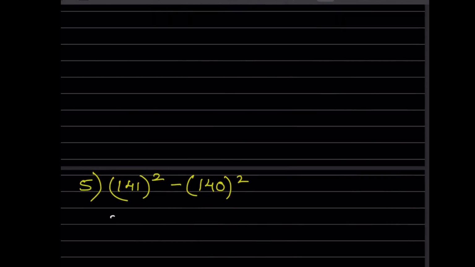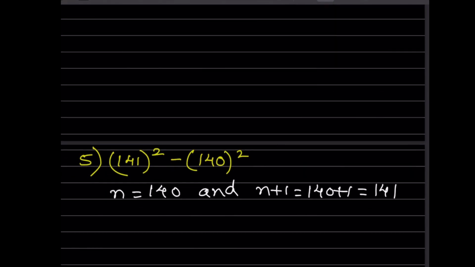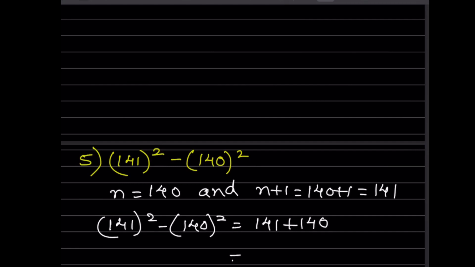Now here the smaller number is 140. So you will write n is 140 and n plus 1 will be 140 plus 1, that will be 141. So therefore 141 square minus 140 square, that is going to be n plus 1 plus n. So this is going to be 281.